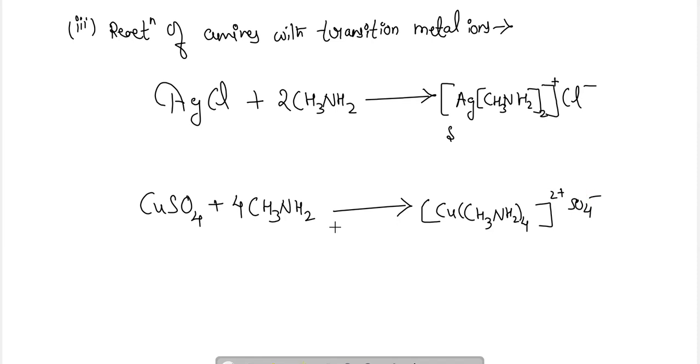It will have a deep blue color in comparison to the blue color of the copper sulfate. For the silver amine complex, the precipitation of AgCl will change into a soluble complex. So this will be the indication of the compound formed here.